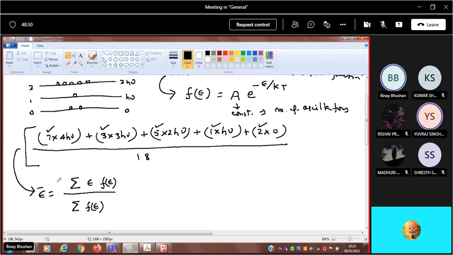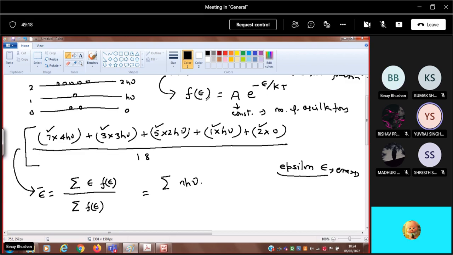Sir, what is E in the numerator? Epsilon, that is not E, epsilon. E-P-S-I-L-O-N, epsilon, representing energy here. अभी तो बताया भाई epsilon. Epsilon is nhν, energy of an oscillator.